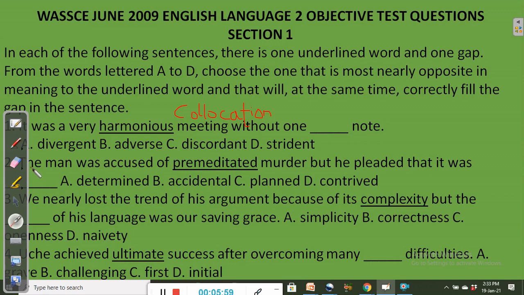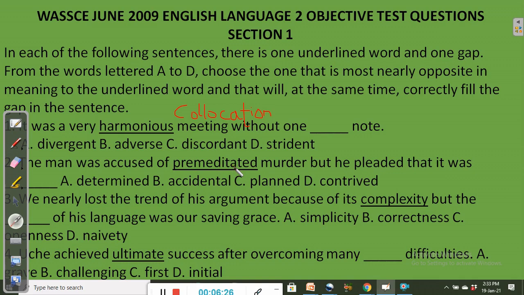Question number 2. The man was accused of premeditated murder, but he pleaded that it was dash. So we look at the word premeditated, and we need to understand that premeditated means pre-planned, something you planned beforehand, something you intended to do before you actually did it.